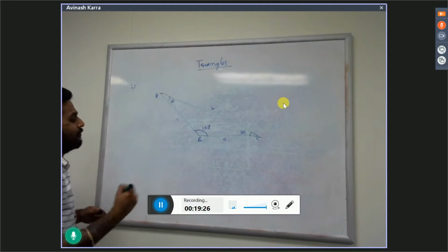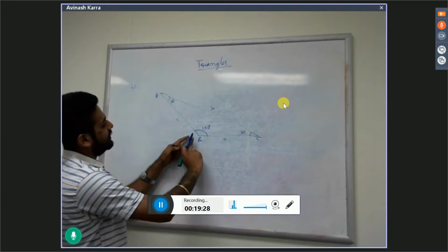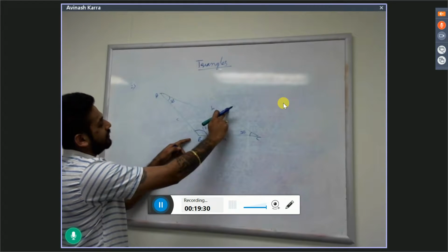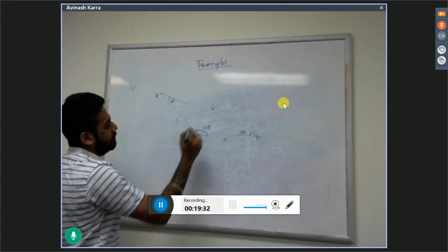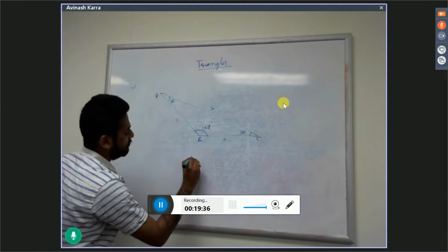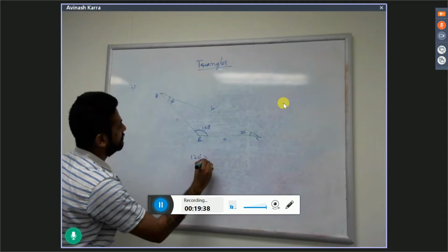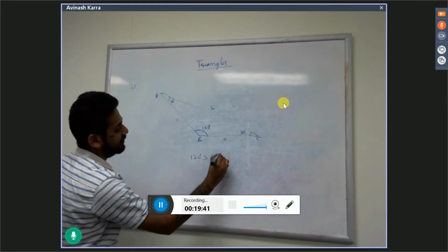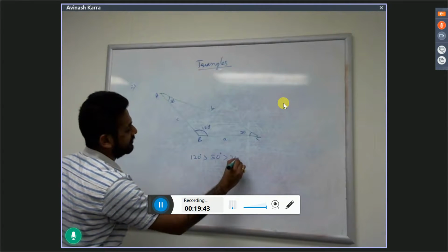Angle B, right? 120 degrees. So what is the corresponding side? The opposite one. So B. 120 degrees is greater than 50 degrees, greater than 30 degrees.